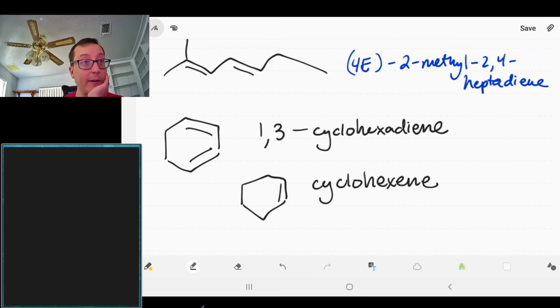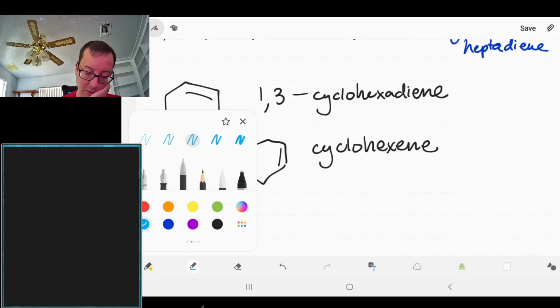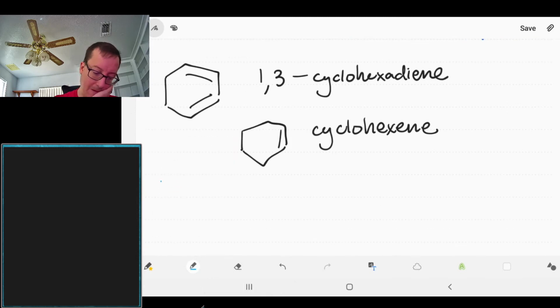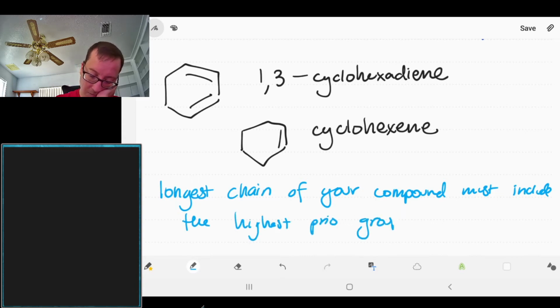When we're putting on alkenes, because now we have a higher priority group, the longest chain of your compound must include the highest priority functional group.